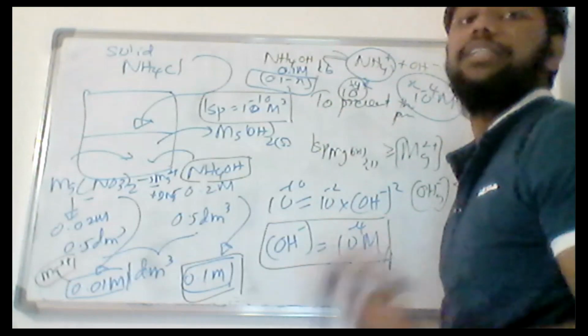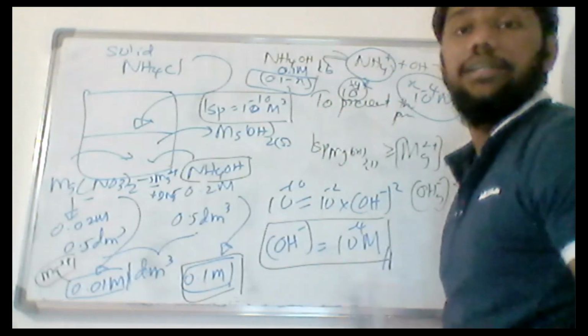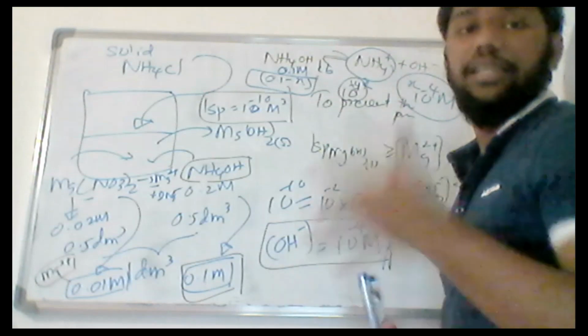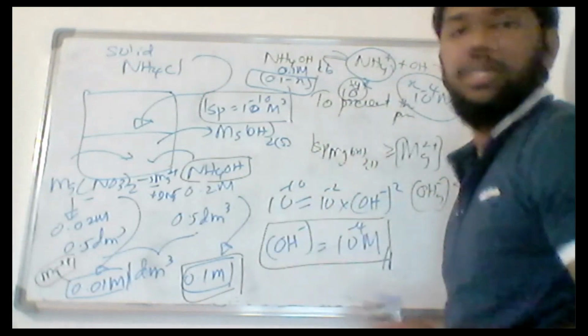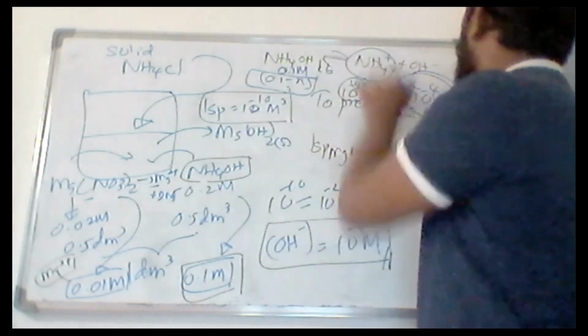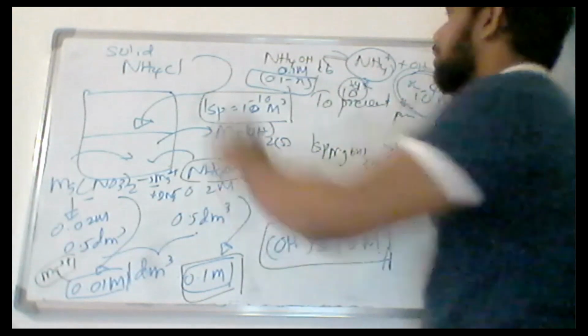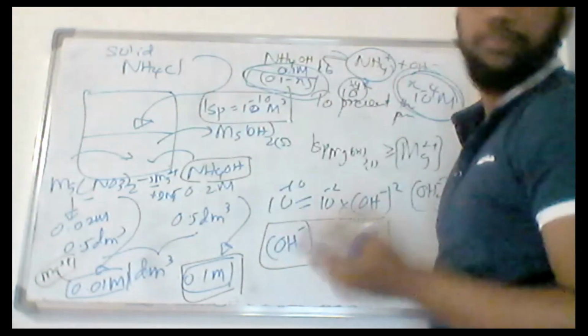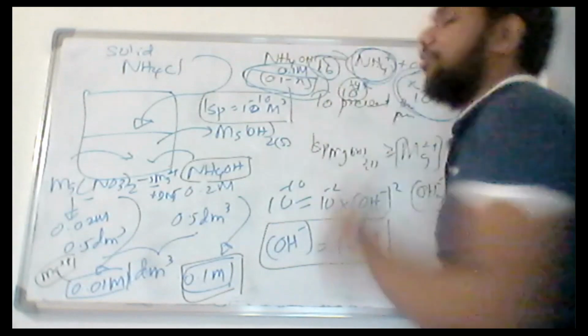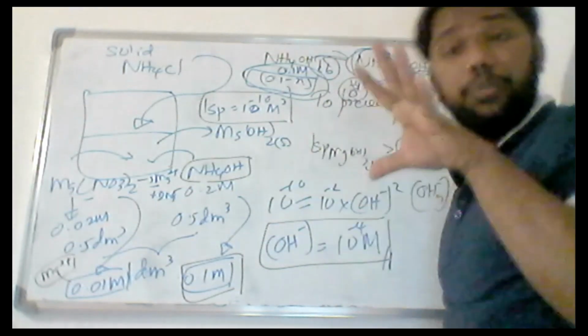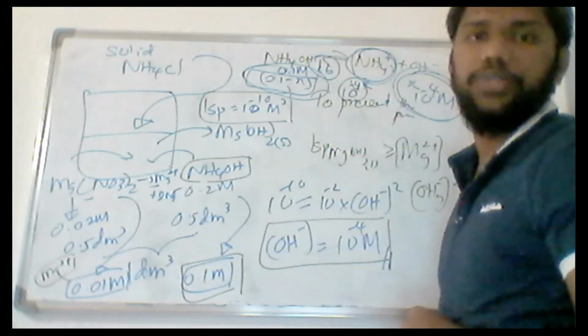So we get the concentration of NH4 plus as the amount that is added. Like the previous case, we just took 0.1 plus x as 0.1. So now you know the OH minus, you know 0.1 minus x is 0.1, you know Kb, and you can calculate the NH4 plus concentration that should be present in the solution.